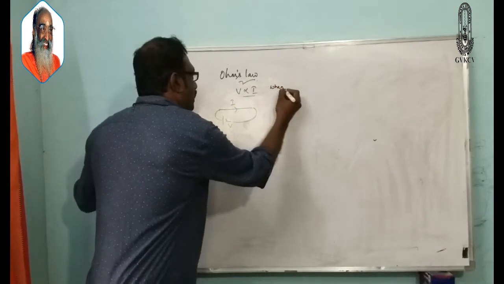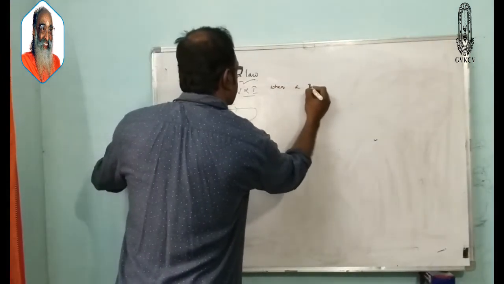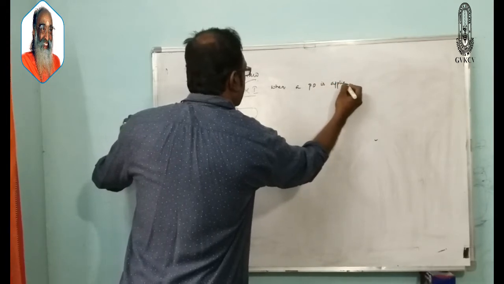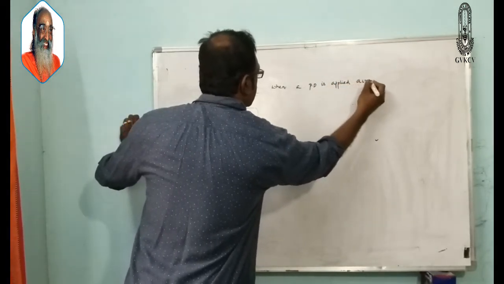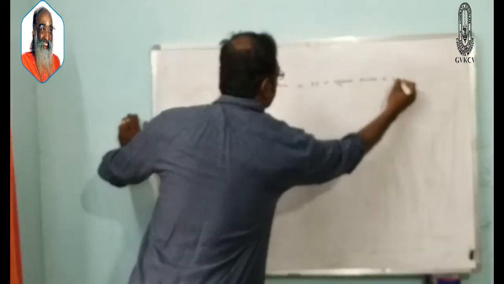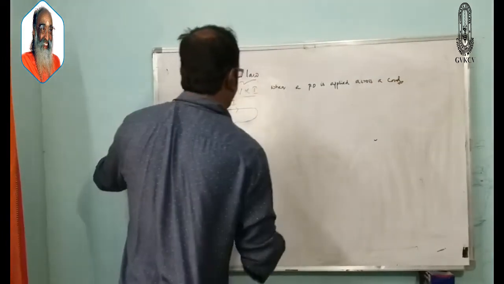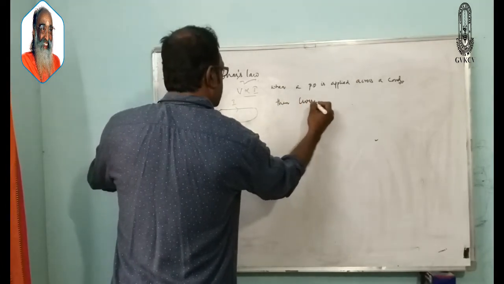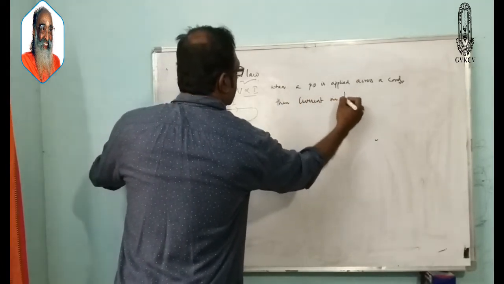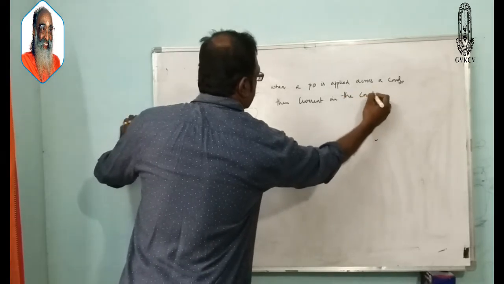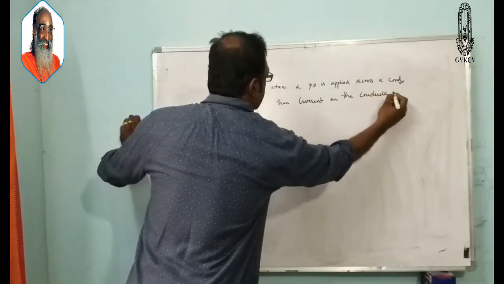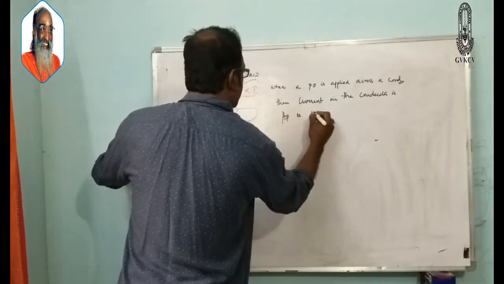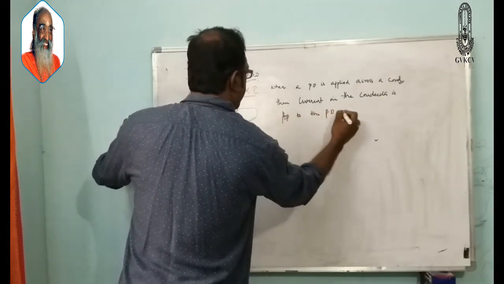Based on this, the statement for Ohm's law is: when a potential difference is applied across a conductor, then the current in the conductor is proportional to the potential difference applied.